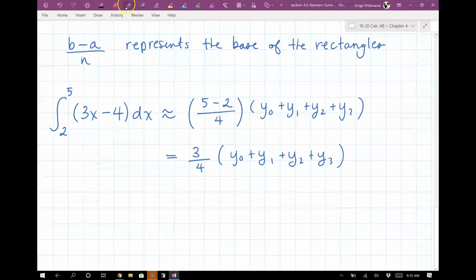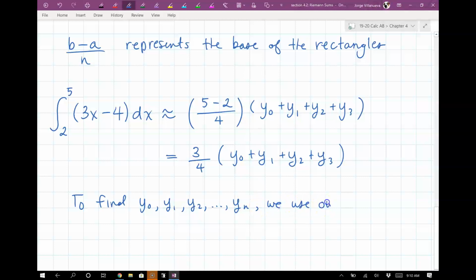So to find, let me write this down here for you guys. To find y sub 0, y sub 1, y sub 2, etc. I'm even going to put all the way up to y sub n because you're going to have to do n at some point. Okay. We're going to use our base and add it to our lower bound.